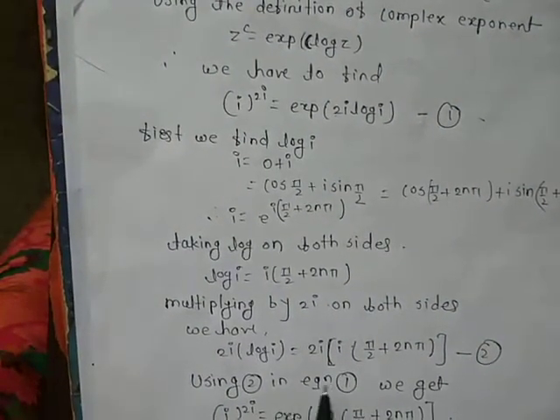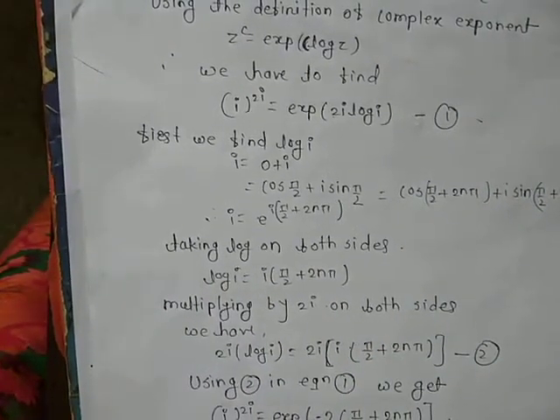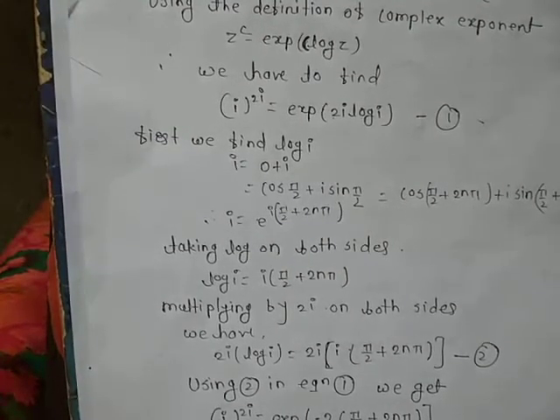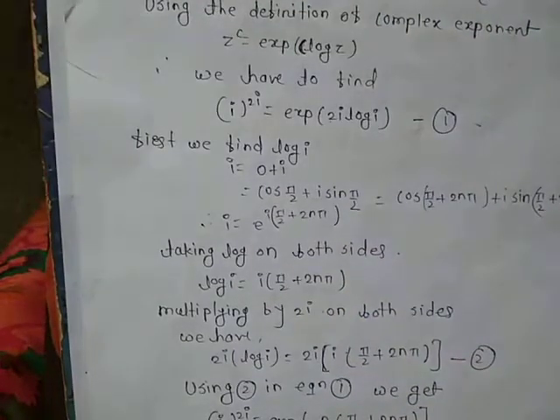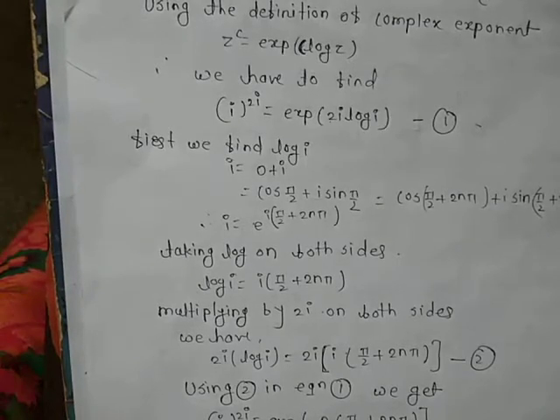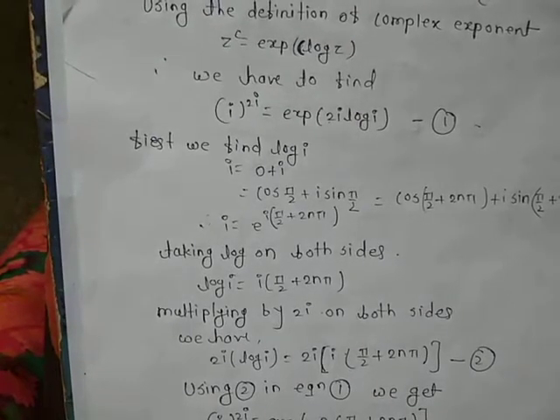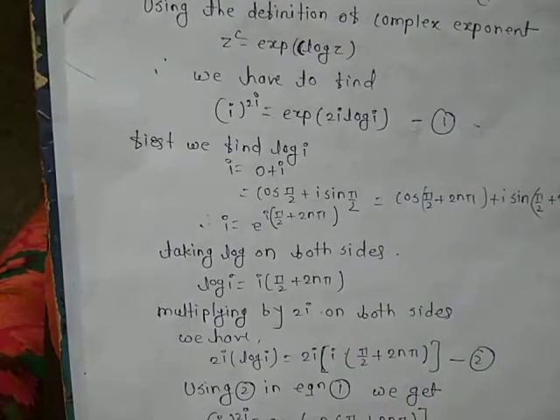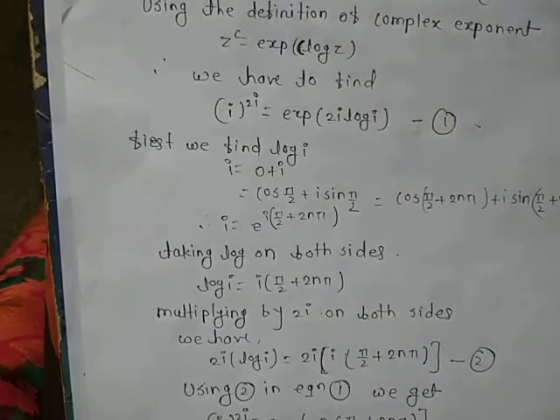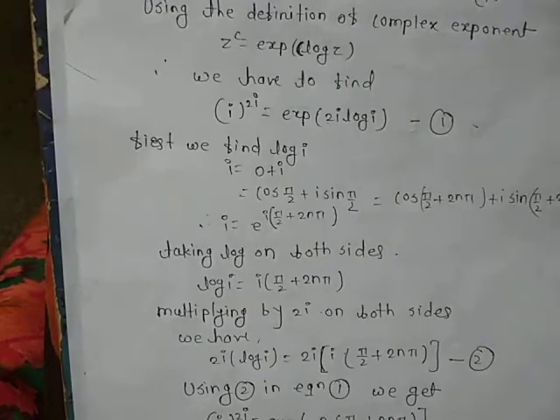Using this in 1, we get i raised to 2i is equal to exponential of minus 2 (pi by 2 plus 2n pi), since here i into i is minus 1, giving a minus 2. This is nothing but exponential of minus pi plus 4n pi.